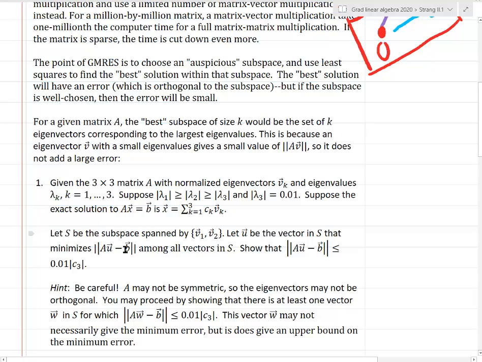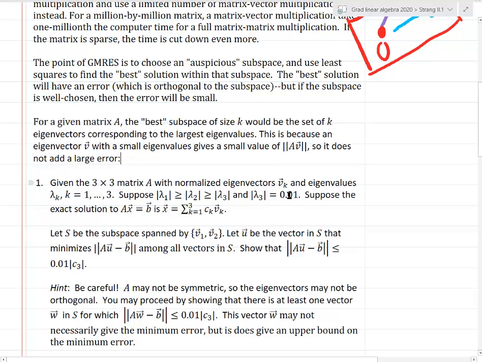So it's the best solution for all vectors in S. It has the smallest possible norm, so of course we want one that has small norm to minimize our error. Okay, so I want to show that this norm, this error, is less than or equal to 0.01 times c3. Of course this 0.01 you can see comes from lambda 3.